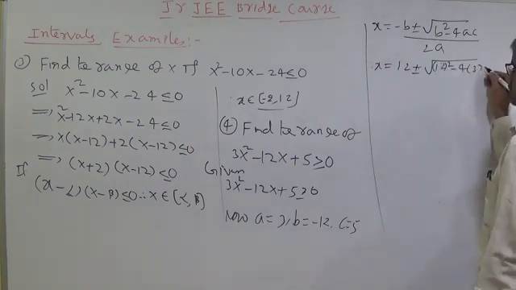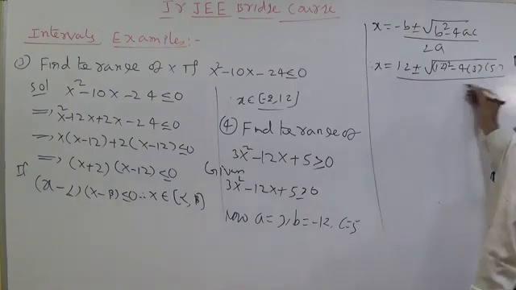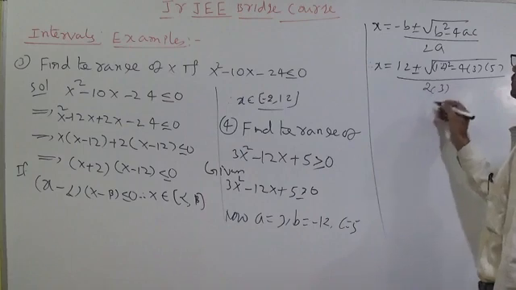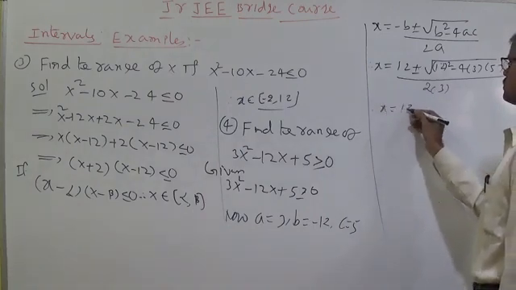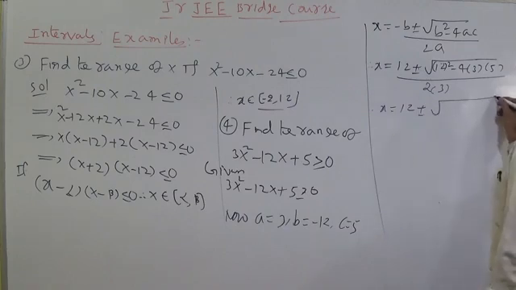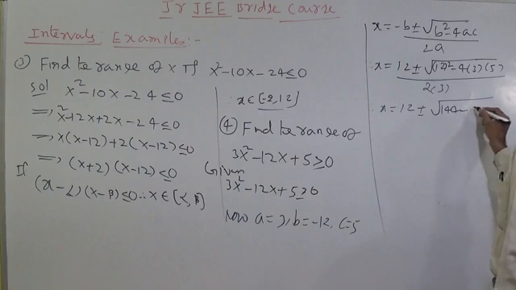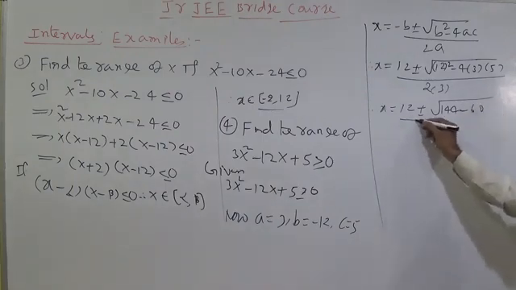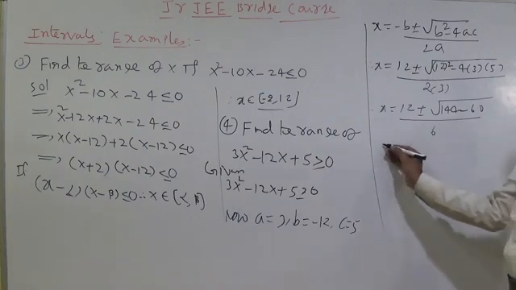So 4 into 3 into 5, whole by 2a, 2 into 3. Therefore, x is equal to 12 plus or minus root of 12 square, that is 144, minus 4 into 3 into 5, that is 60, whole by 6, 144 minus 60.